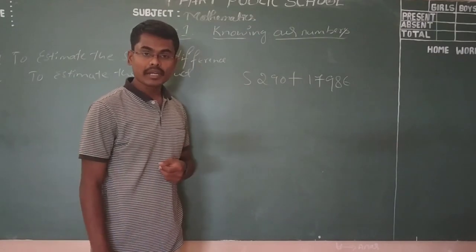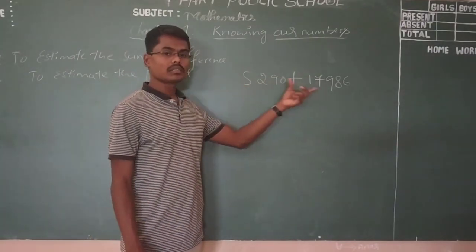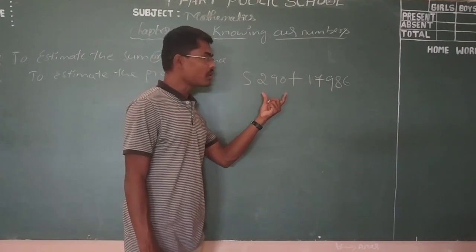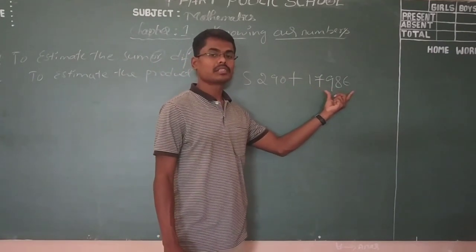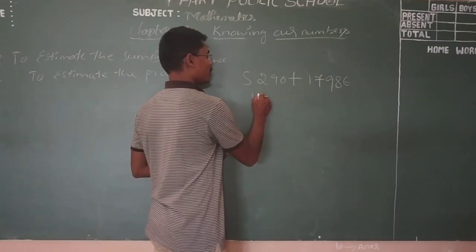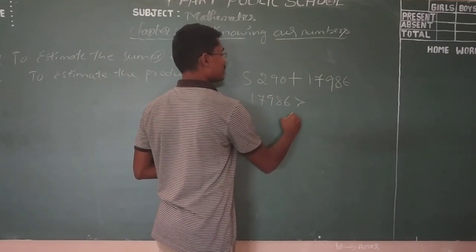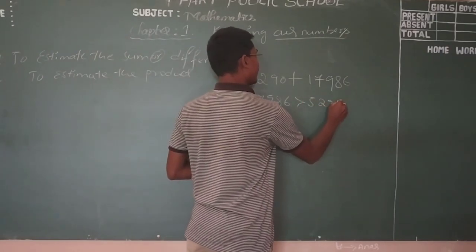How can we estimate? Simply look at the given numbers. This is a 4-digit number, and this one is a 5-digit number, so definitely 17,986 is greater than 5,290.